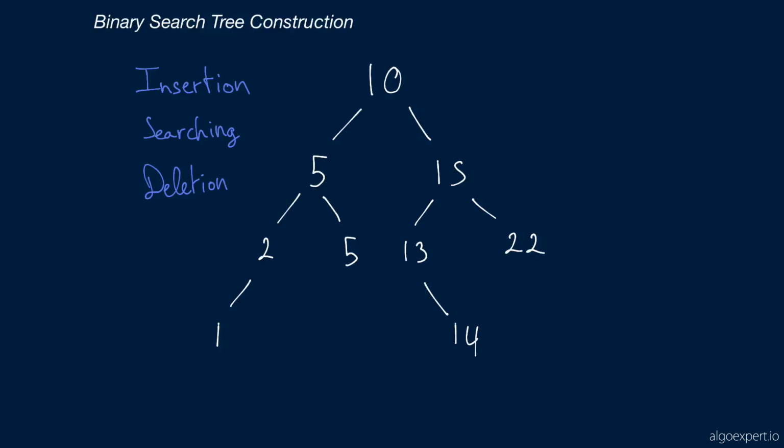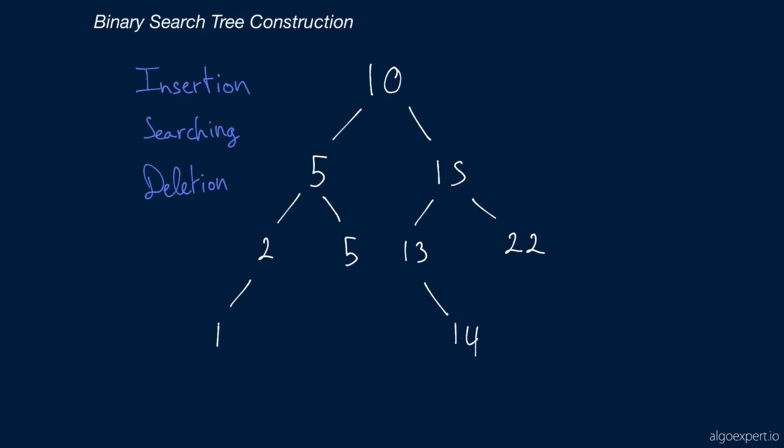But a BST is different because every node in a BST has to satisfy an additional property called the BST property. And the BST property is defined as follows.